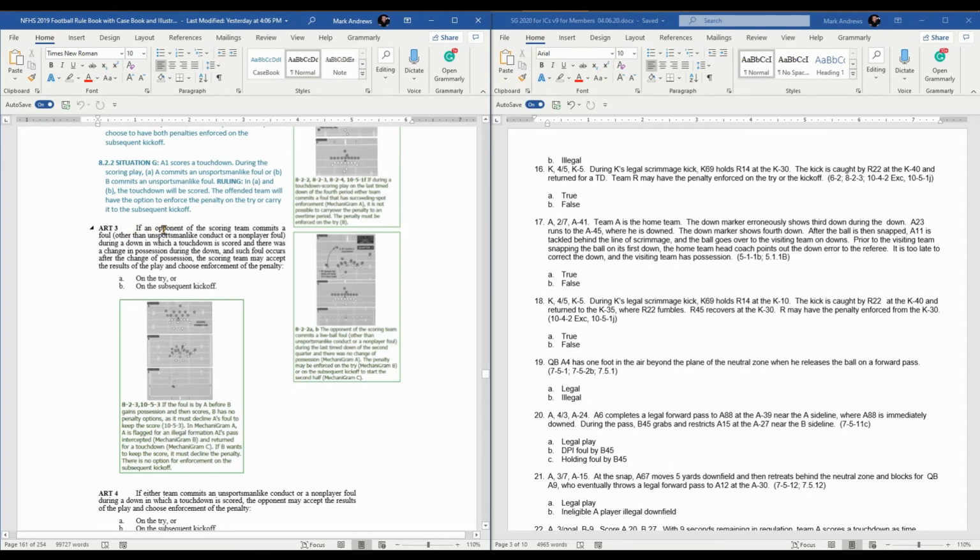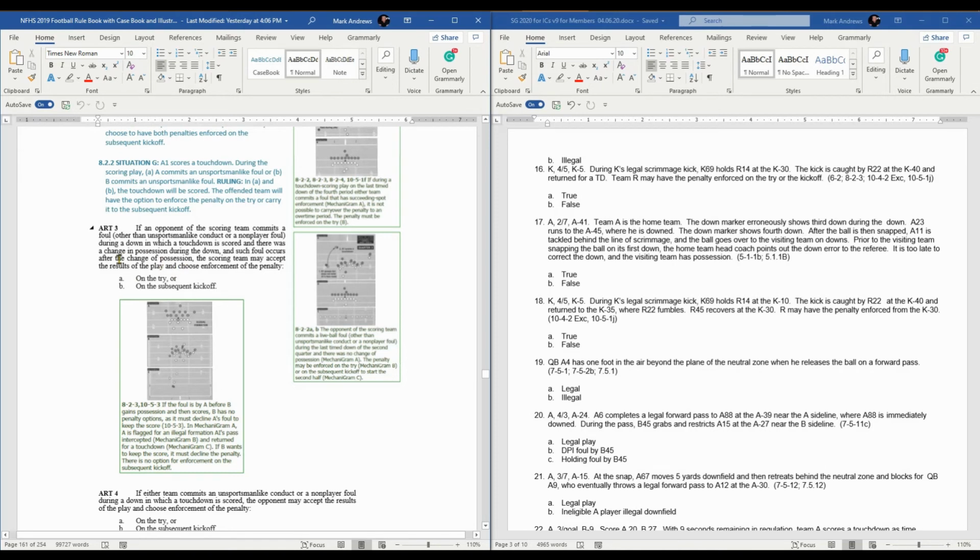If an opponent of the scoring team commits a foul other than unsportsmanlike conduct or non-player foul during a down in which a touchdown is scored, so far so good, and there was a change of possession, so we have a change of possession, right? And such foul occurs after the change of possession, the scoring team may accept the results of the play and choose enforcement of the penalty on the try or the subsequent kickoff.